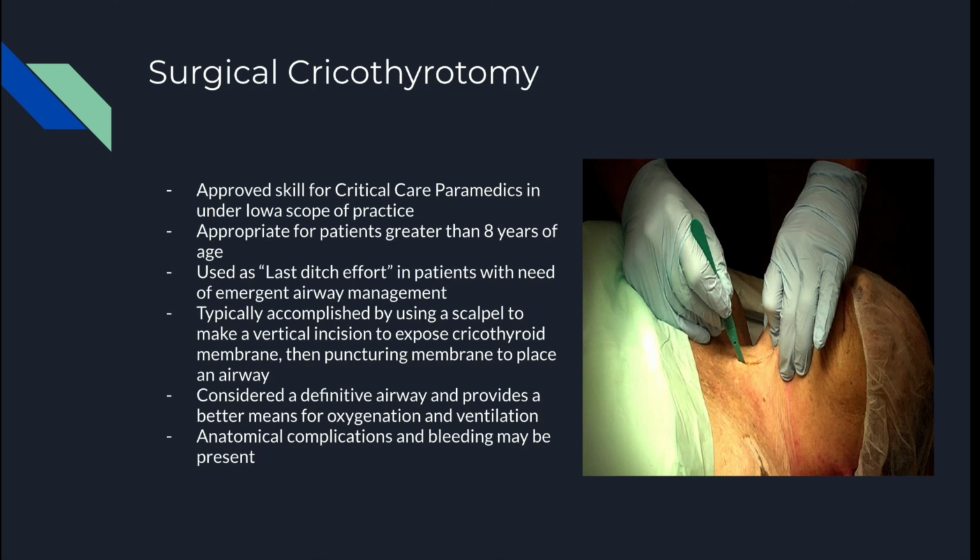Now there's going to be a lot of blood, but it might be less blood than if you were to cut through a larger blood vessel. So just keep that in mind. Right now what they're teaching is a vertical incision, and then exposing the membrane, and then making horizontal incisions through the membrane itself.